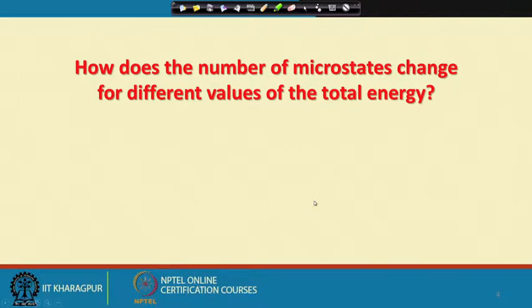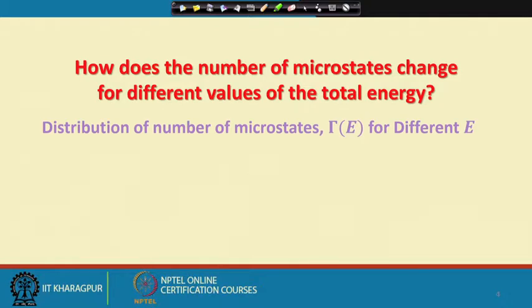So, in today's lecture, what I will try to demonstrate to you is one step farther in this discussion, and the question that I ask is, how does the number of microstates change for different values of the total energy? In answering this question, it is convenient to talk in terms of distributions.